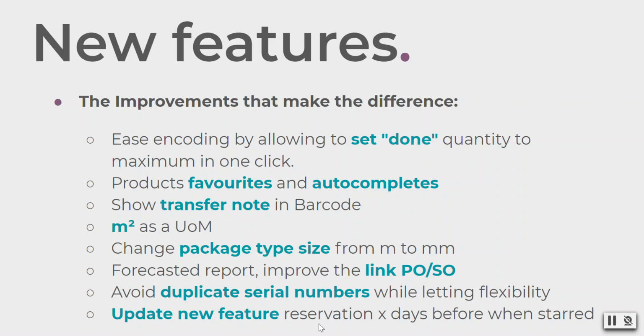And the last one is, I don't know if you remember, but in V14.3.2 you had the possibility to reserve automatically your product X days before the deadline. Now they add an additional possibility for reservation, so X days before, but also when it starts.